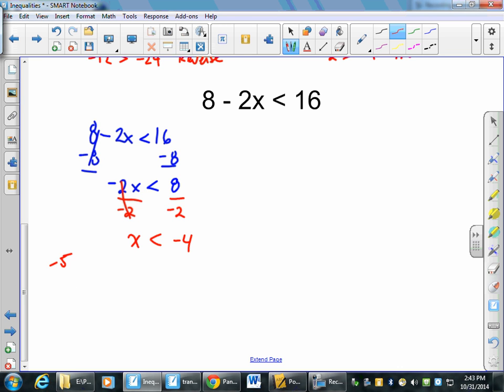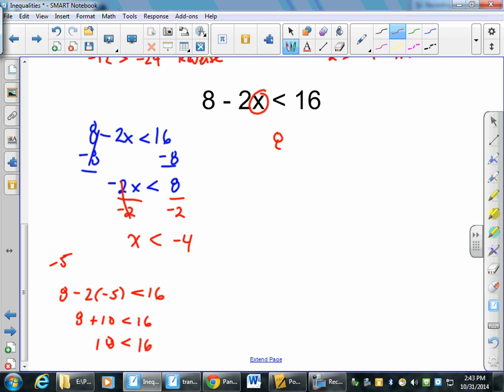So if we tried negative 5 in here for x, 8 minus 2 times negative 5 less than 16, we would get 8 plus 10 is less than 16. And look at what we're saying. We're saying that 18 is less than 16, which of course is false, which means this solution set has a problem. The issue is that we didn't reverse when we divided by negative 2.